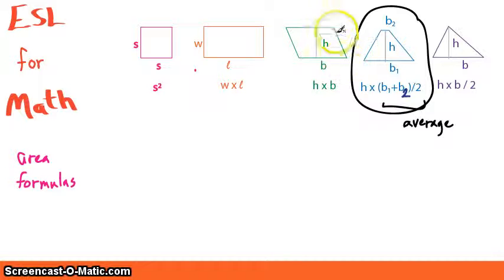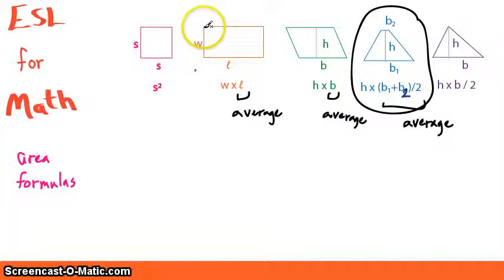This bottom and this top are the same, so the average of those two lengths is going to be B. So this B is actually the average of the top and the bottom. And it's multiplied by height. Okay. Now what about the rectangle? The top and the bottom of the rectangle are also exactly the same. So this L is the average of the top and the bottom. And here we're not calling it H and B, we're calling it W and L, but it's the same thing.